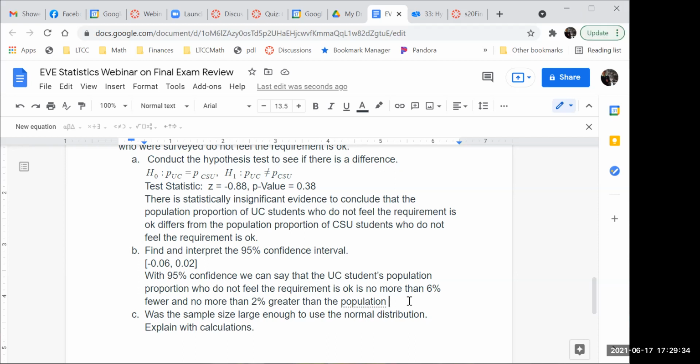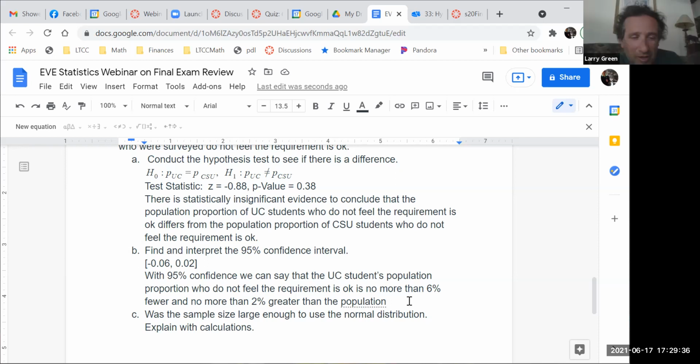So it's no more than 6% fewer, or you could say it lags behind by at most 6%, and it could be up to 2% greater. There's a lot of ways of wording the same thing.